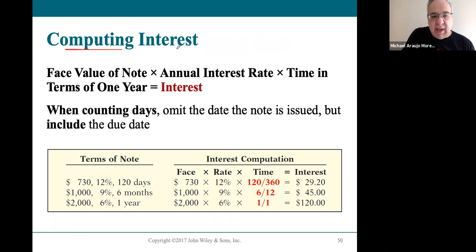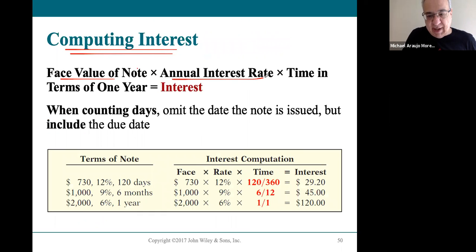The most important thing in this part of the chapter is learning how to compute the interest and understand how it's done. Interest is computed simply by looking at the amount of the loan. The face value of the note is the amount of the loan. Remember, the word note means loan. We multiply it by the interest rate.